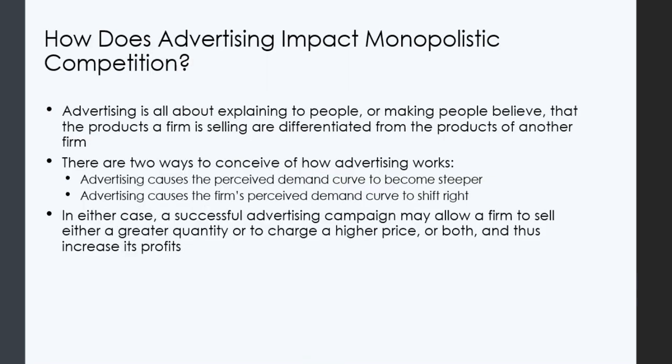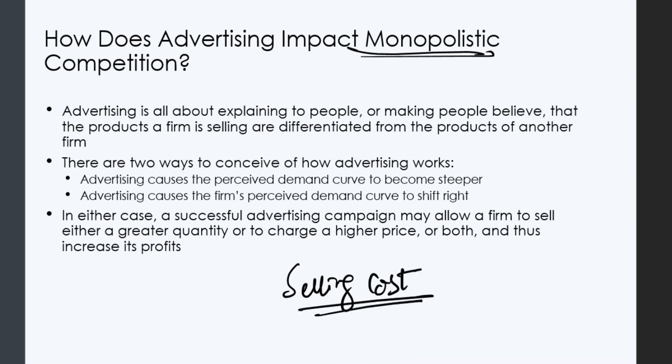So how does advertising impact monopolistic competition? You see that monopolies can advertise, and that is called a selling cost. So selling cost will increase, and this is how we can see advertisement work. Advertising causes the perceived demand curve to become steeper, and advertising causes the perceived demand curve to shift right.